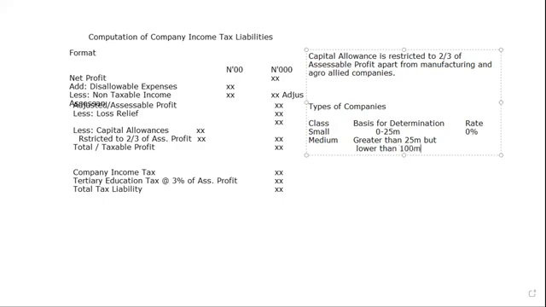Do you get it? So that's a medium-sized company. And the rate of that tax liability is 20%.